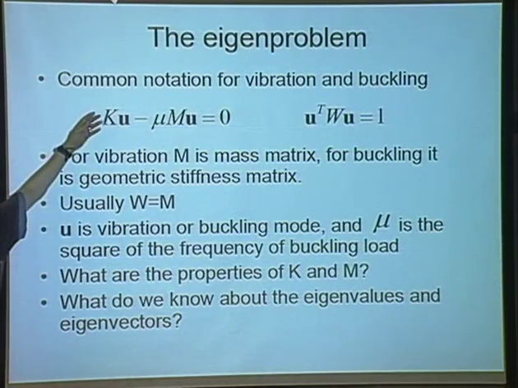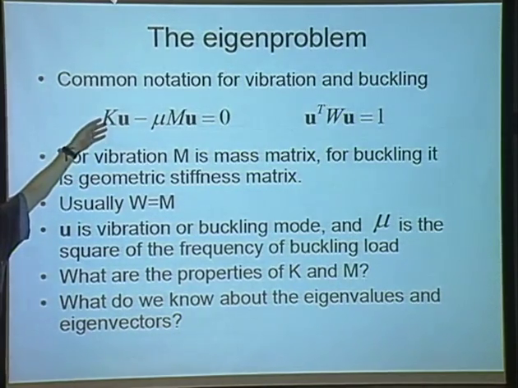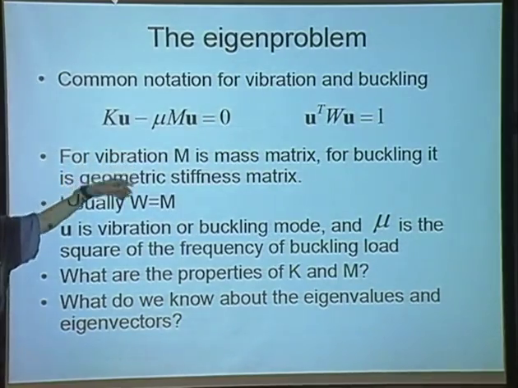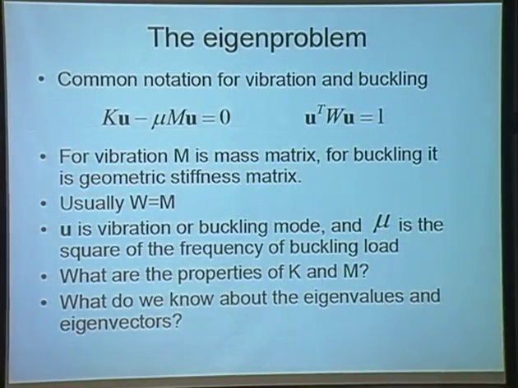Usually when you learn about solving vibration problems, you just see this equation. So if somebody asks you to calculate a vibration mode, that vector u, why is this equation by itself not enough? If you think about it, for u, it's a homogeneous system, right? You have (K - μM) times u is equal to 0.